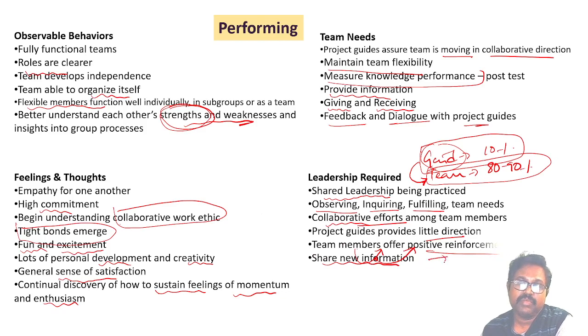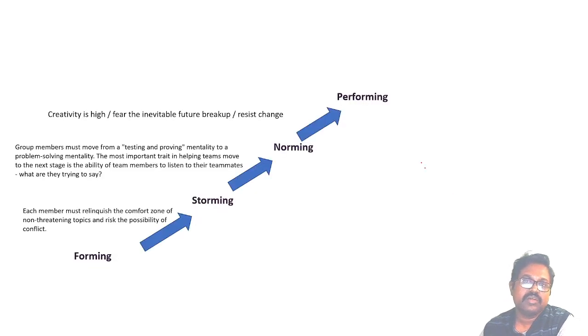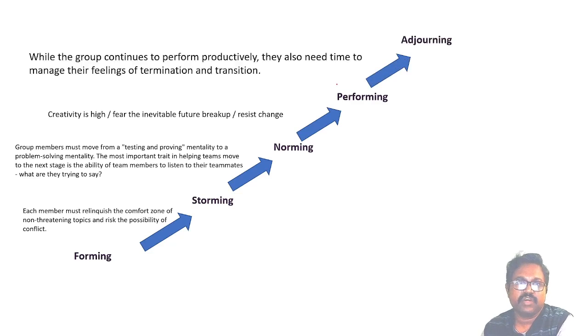Once they perform, they gain experience, and based on the experience they are going to share new information which will help their performance. So once they gain the experience, it will increase the performance. Once the performing stage is over, the next stage will be adjourning.